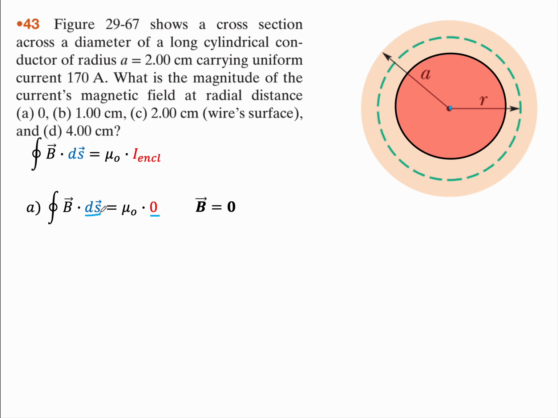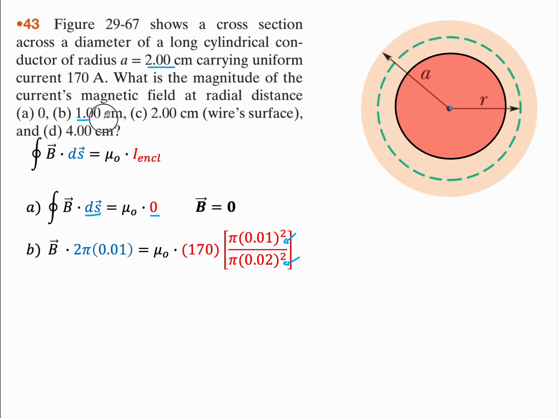To figure out what fraction of that 170 amps is flowing through the red shaded area, we simply have to set up a fraction, where the numerator is the area of this red area, and the bottom is the area of the entire wire. Again, remember the radius of the wire is 2 centimeters, and we're currently at 1 centimeter. So there's our 1 centimeter, 2 centimeters, just pi r squared times the 170.